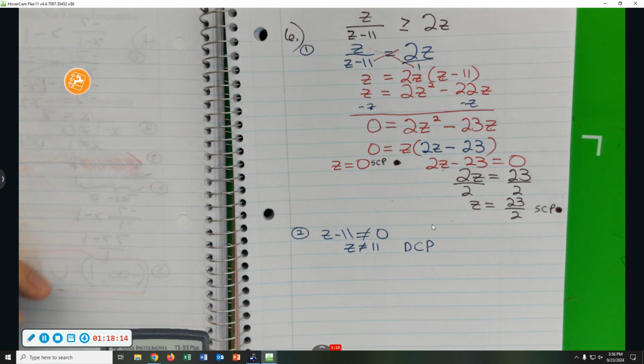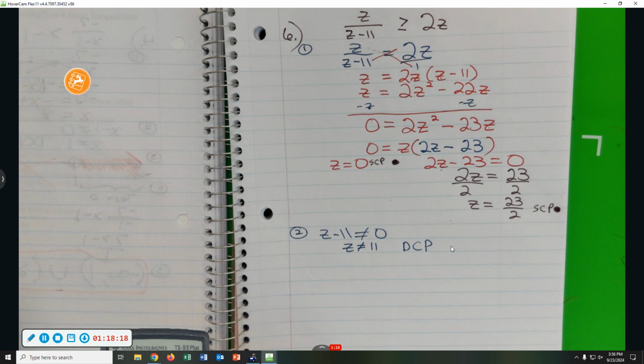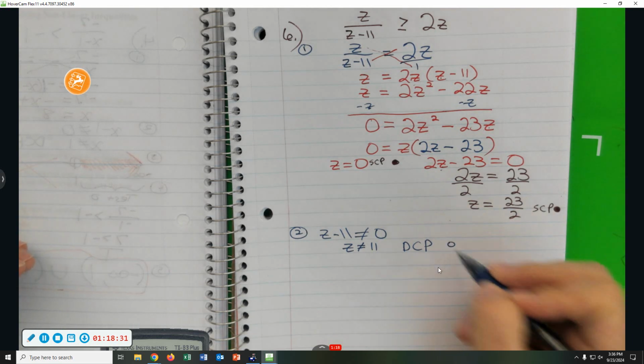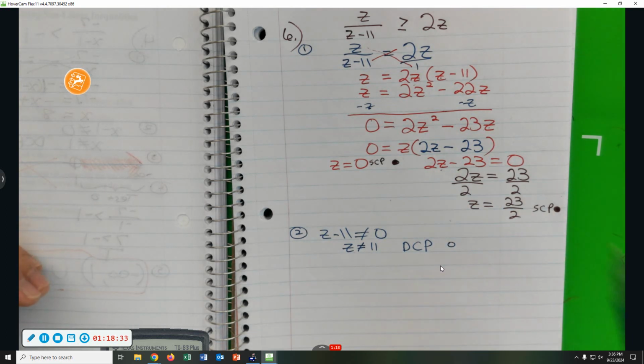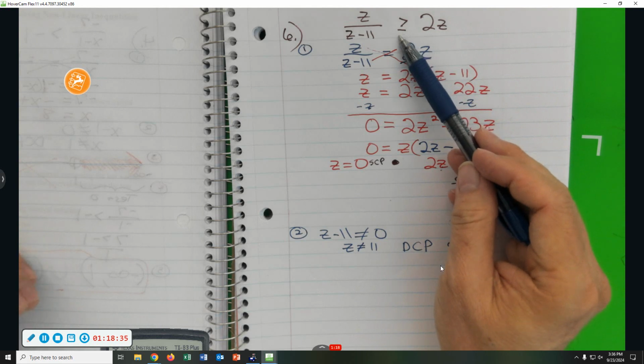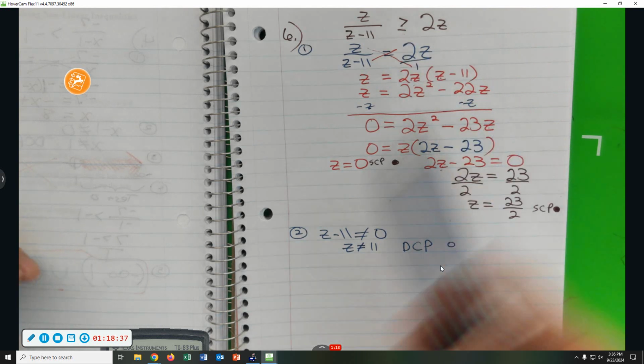How are you going to label that? Open or closed? Always label denominator cut points open. It doesn't matter what the original inequality is.